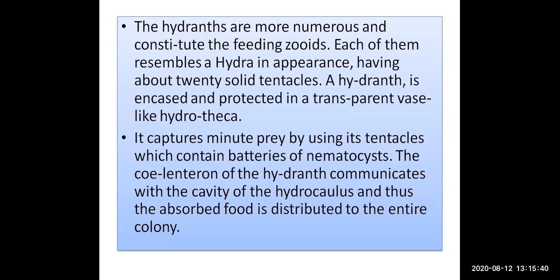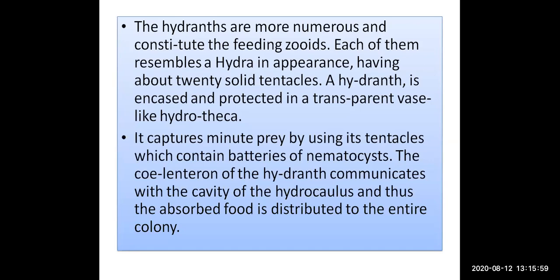Each of them resembles hydra in appearance, having about 20 solid tentacles, and the hydranth is encased and protected in a transparent cup-like hydrotheca.